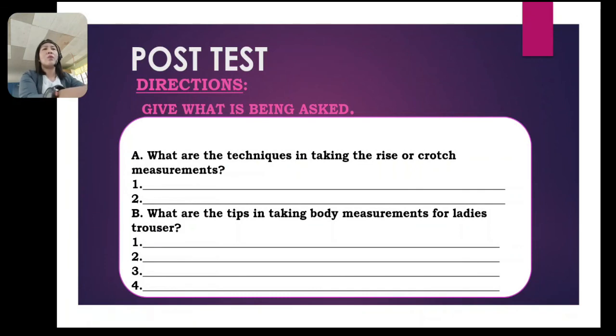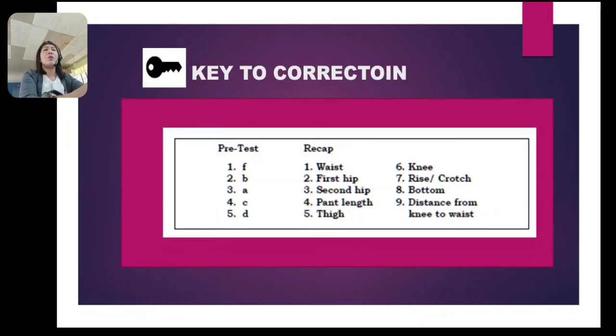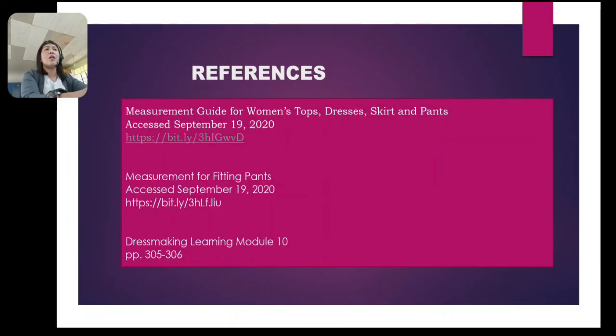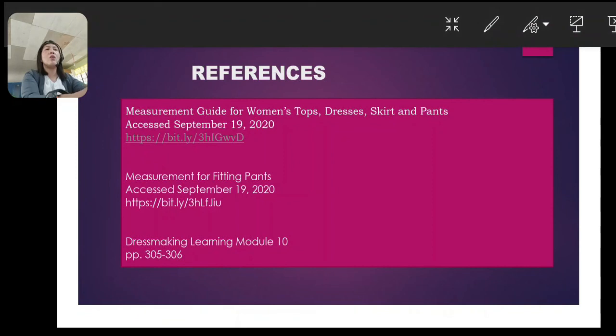Now, you may check your answers on the key to correction to see whether you passed the pre-test and our post-test. So you can now determine whether you got them all or got a low score.